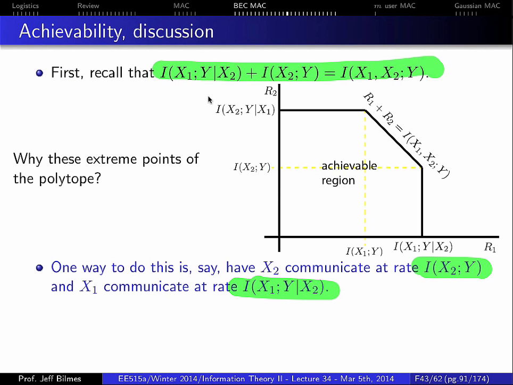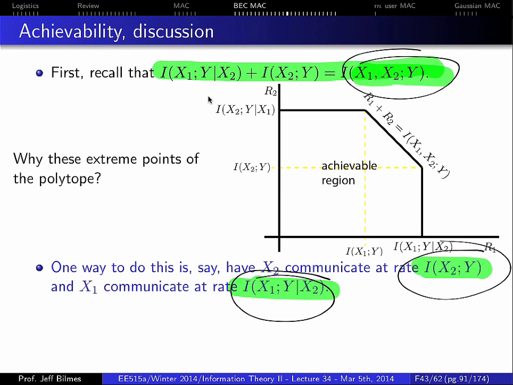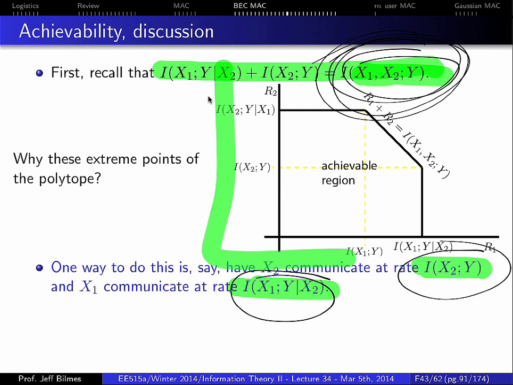So in some sense, in order to achieve the bound on the sum of the rates here, if this guy communicates at this rate, it's impossible for x2 to communicate at a rate greater than that. Why? Because if it did, we would violate the R1 plus R2 constraint involving this quantity here. So that means that the shape of the polytope must have this basic form. I mean, it could be a triangle, or it could be a square, or it could be anything in between.